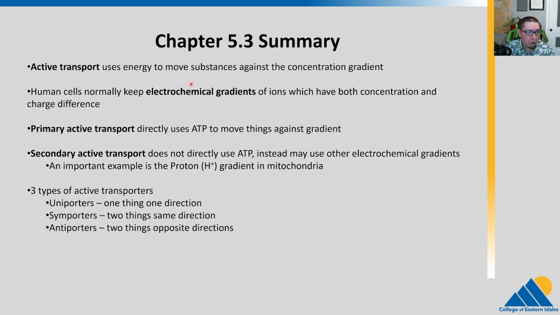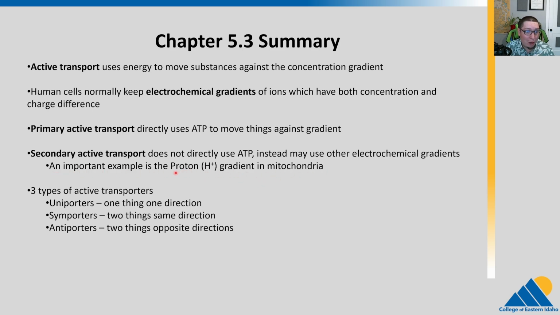In anatomy and physiology, you'll talk about the electrical part of it. Primary active transport directly uses ATP to move things against the concentration gradient, whereas secondary active transport does not directly use ATP. Instead, it uses another electrochemical gradient to move things, like our proton gradient in mitochondria that we will see in the next chapter.